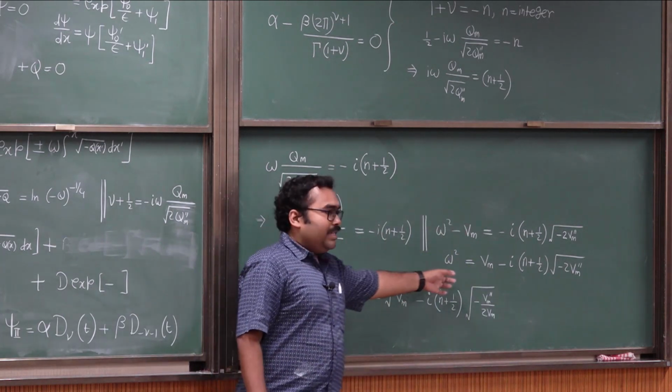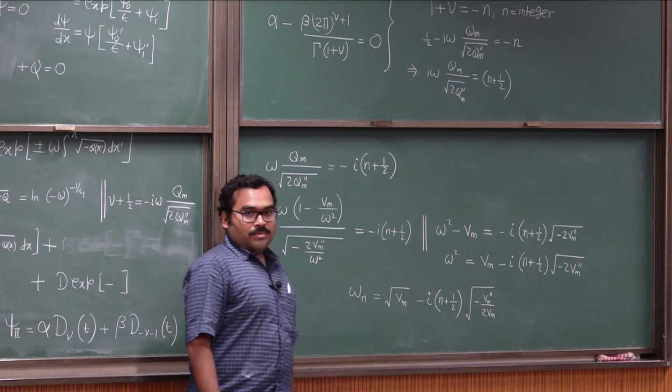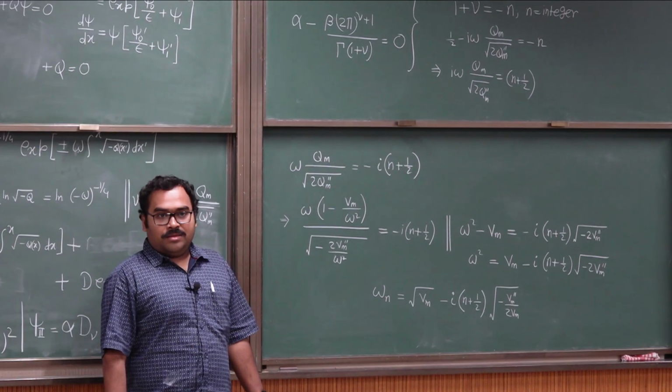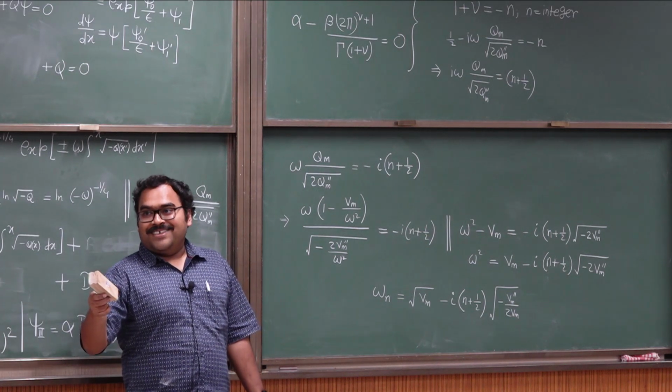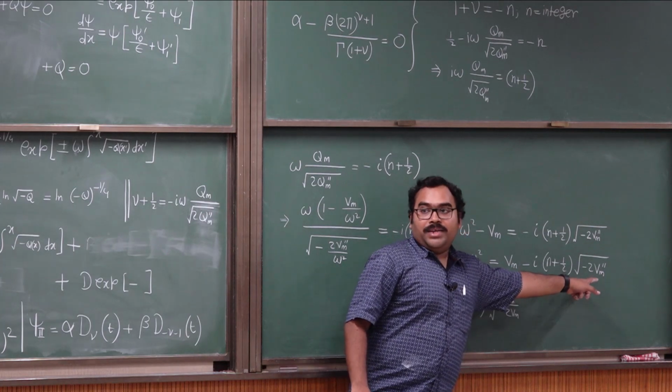Okay, if you just do a Taylor series expansion of the square root, you will get this. Fine? Clear? Yes, minus 2 V double prime at maximum.